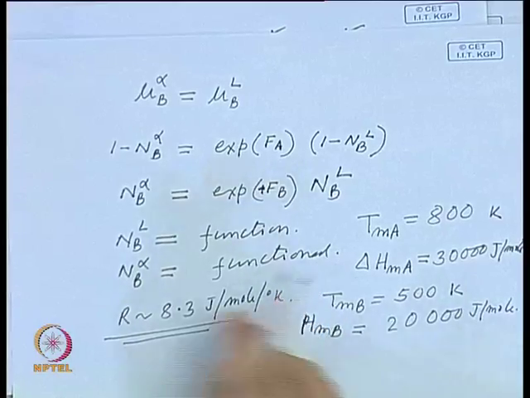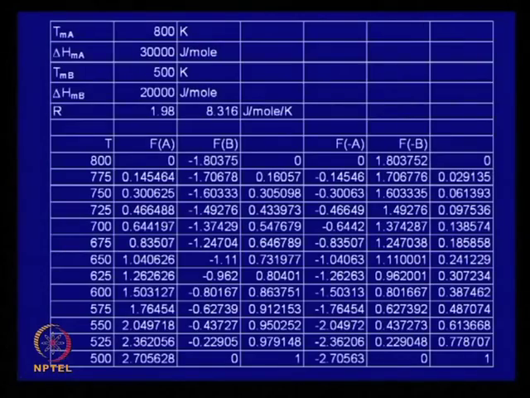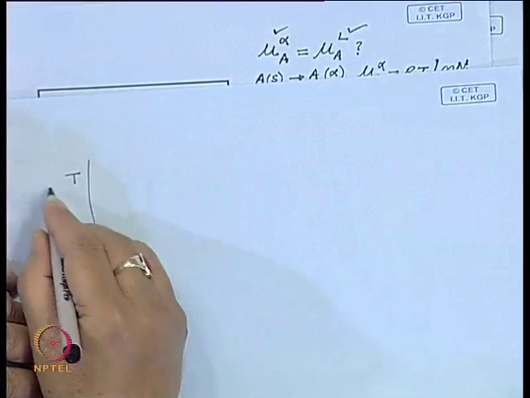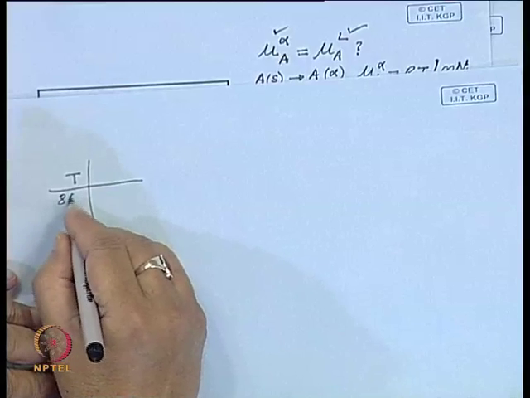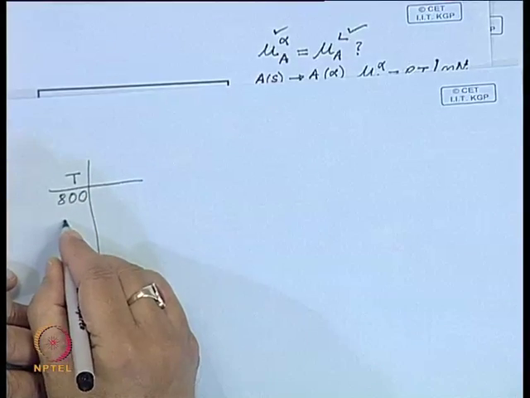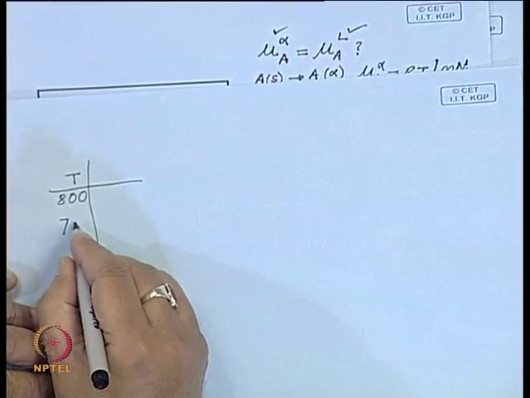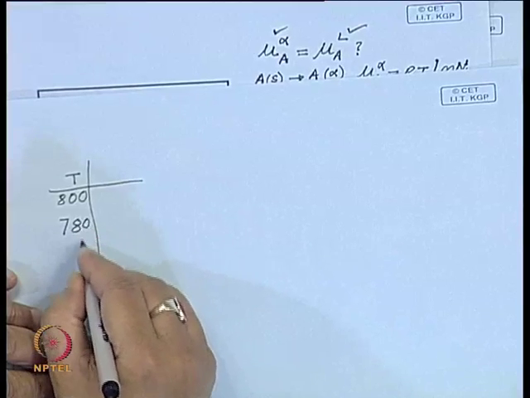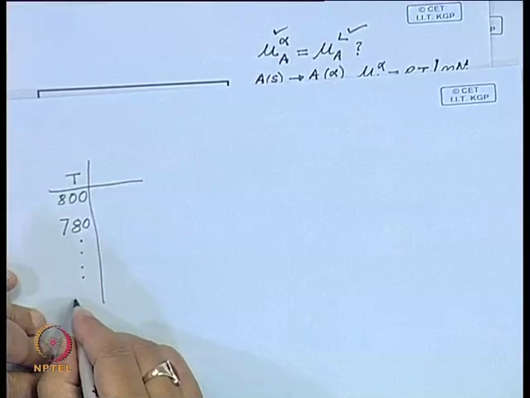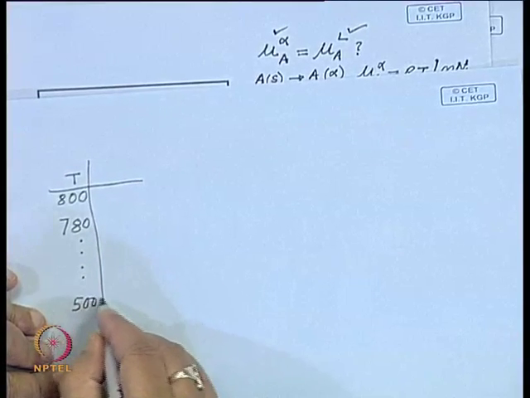So, what you can do is set up a spreadsheet and calculate for various temperatures, say set up a table for T, it starts with 800, so maybe 20 degree interval, come down to 500.